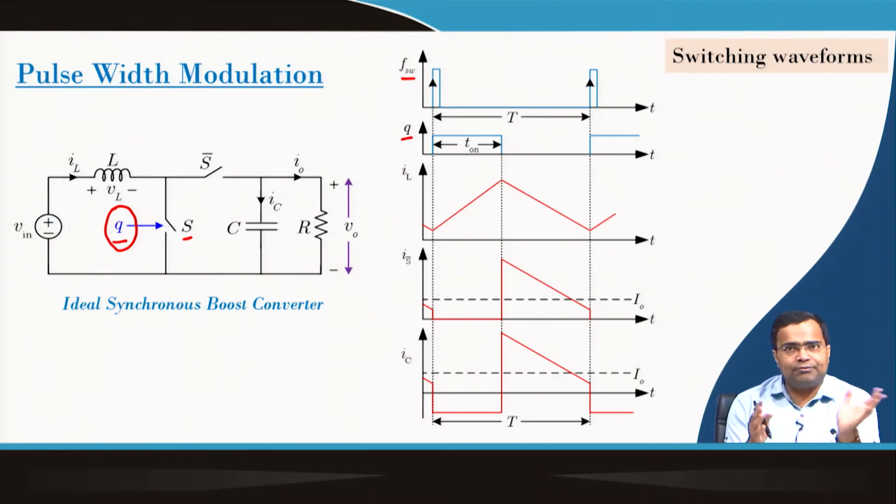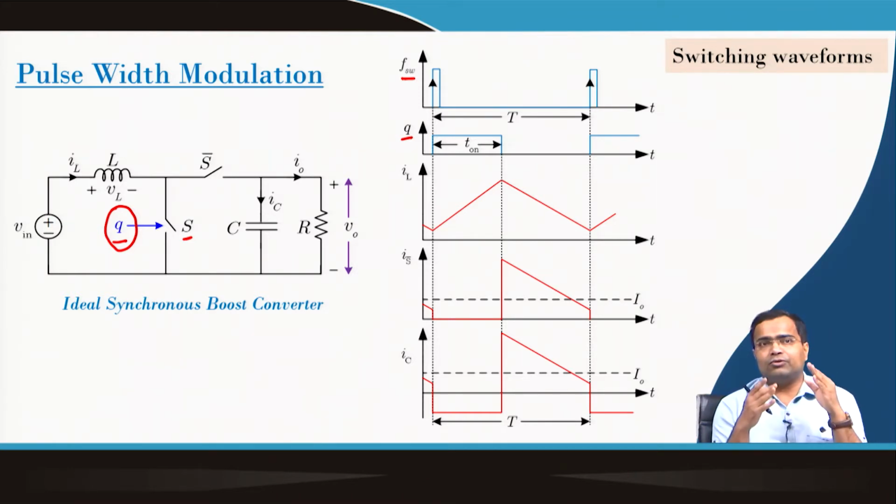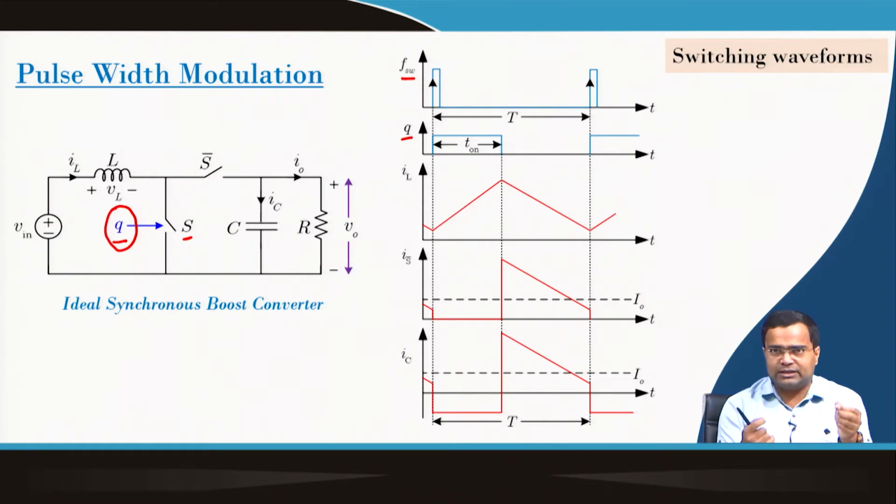When the switch is off, the voltage across the inductor will be V in minus V 0, since it is a boost converter where we want to achieve higher output voltage. So, V 0 is greater than V in, as a result this slope is negative, because the voltage across the inductor is negative.